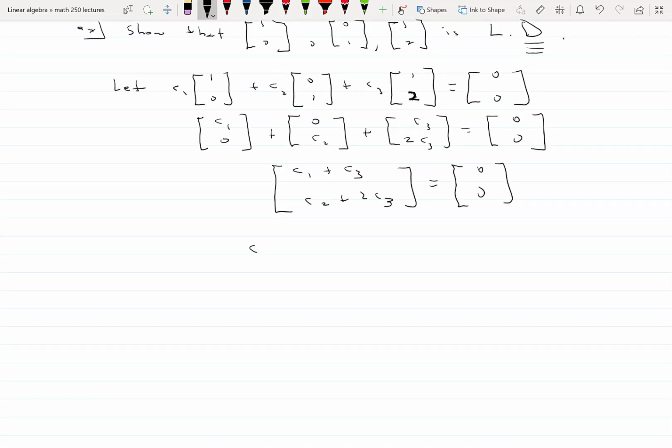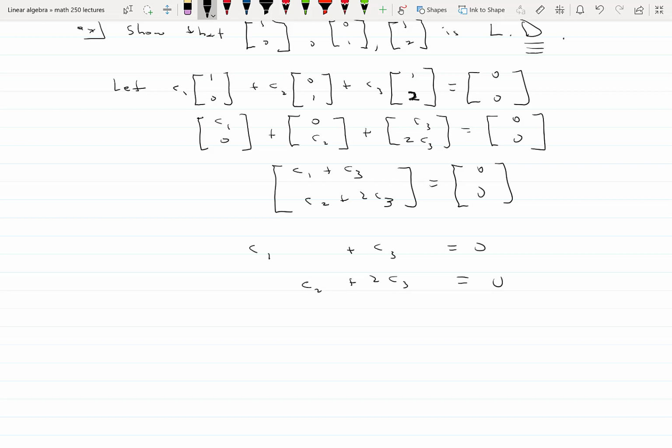Well, that means the scalar equations C1 plus C3 should equal 0, and C2 plus 2C3 equals 0. Look what's come back to us. Look what this problem has resulted in us having to deal with. This is a system of equations.